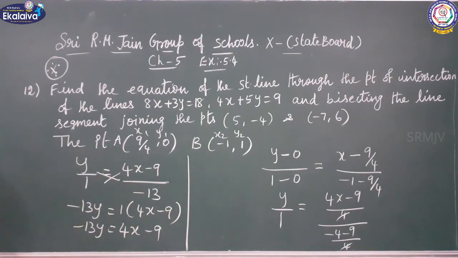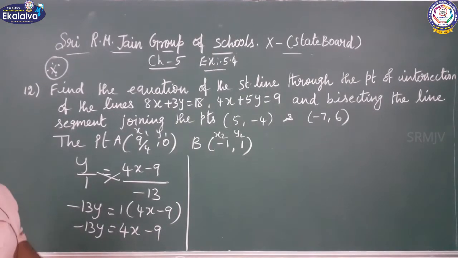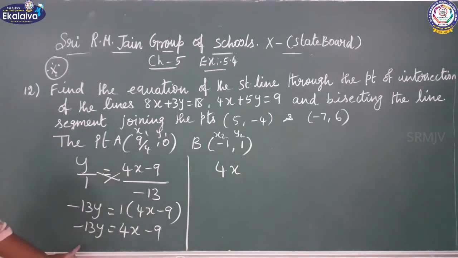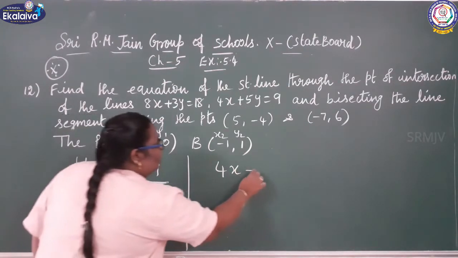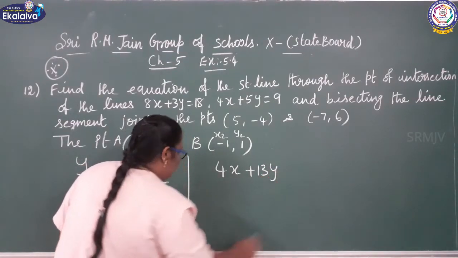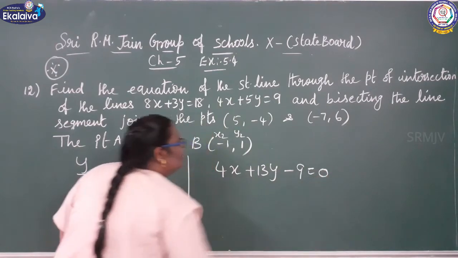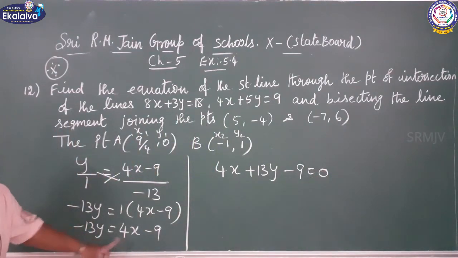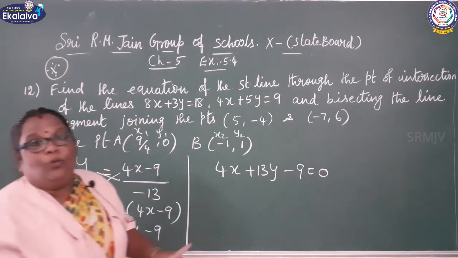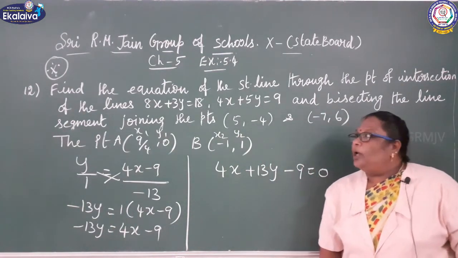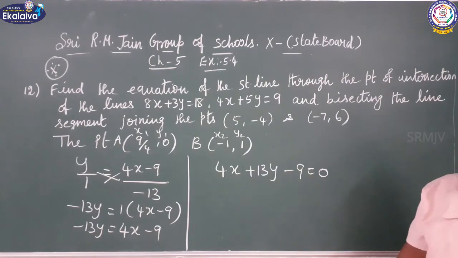So 4x, you bring that minus 13y to the right hand side, it become plus 13y minus 9 equal to 0. 4x plus 13y minus 9 equal to 0. This is the equation of the straight line.